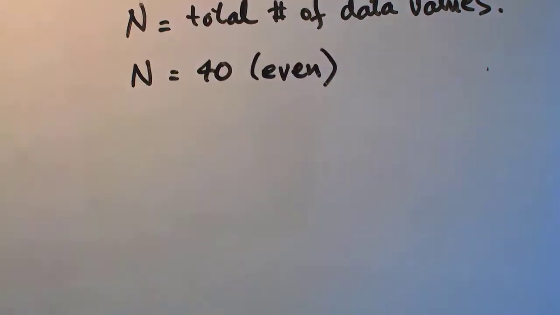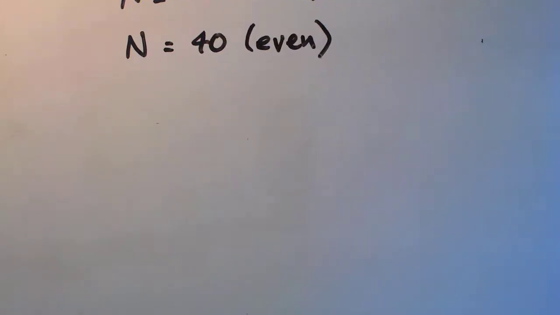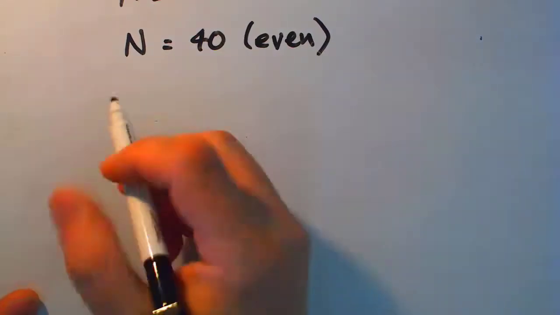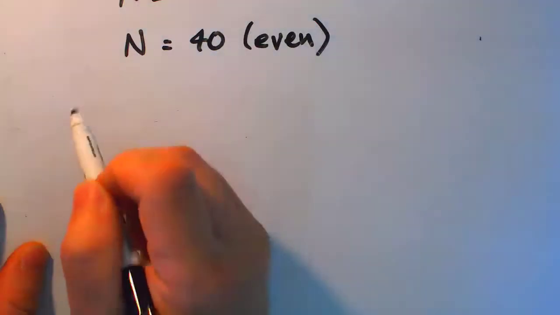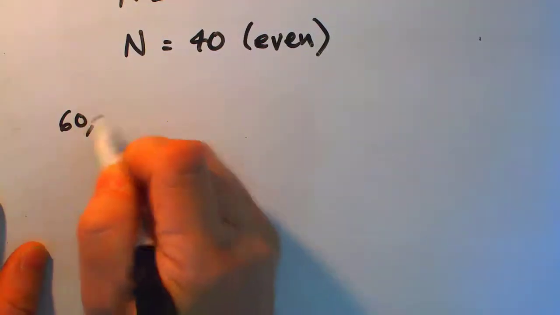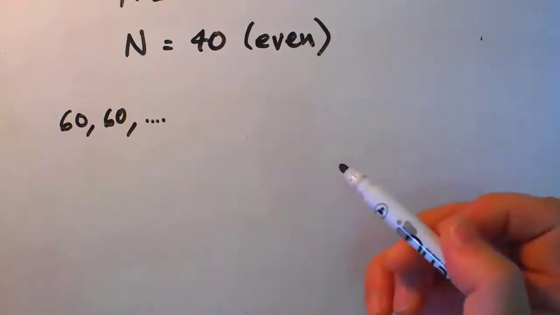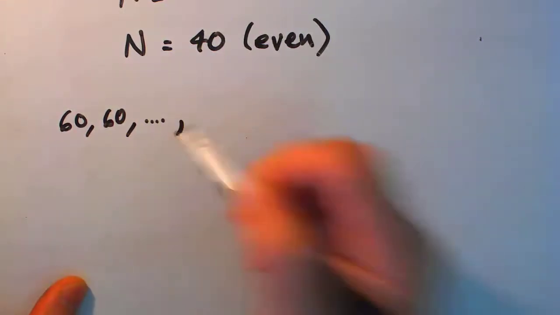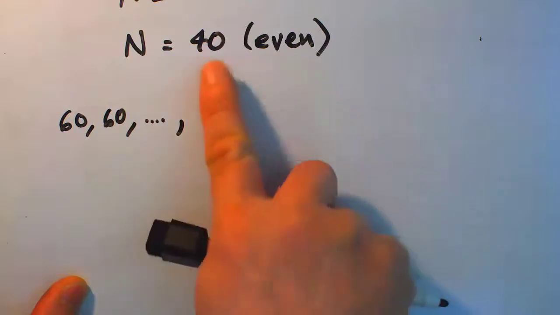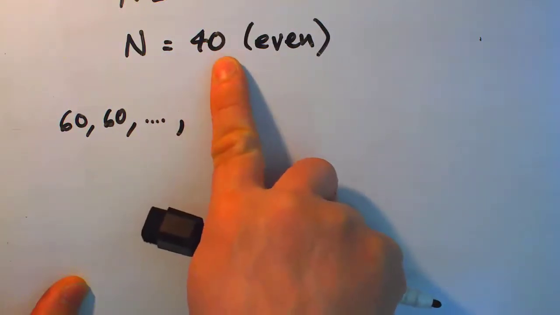Keeping all that in mind, this is what we're doing. If you're looking at the entire data 1 here, the sorted data, the organized data, it started out with a few 60s, and quite a few of those, and it runs into the 64s, a few 64s, and so on. Totally, we have all 40 data values.